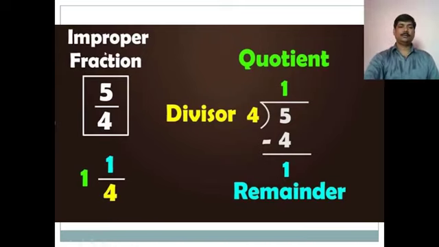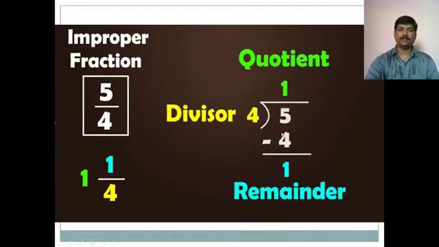How does an improper fraction become a mixed fraction? How does 5 divide by 4? So 5 divided by 4 means the divisor is 4 and the dividend is 5. When we divide using the division algorithm, the quotient will be 1 and the remainder will be 1.